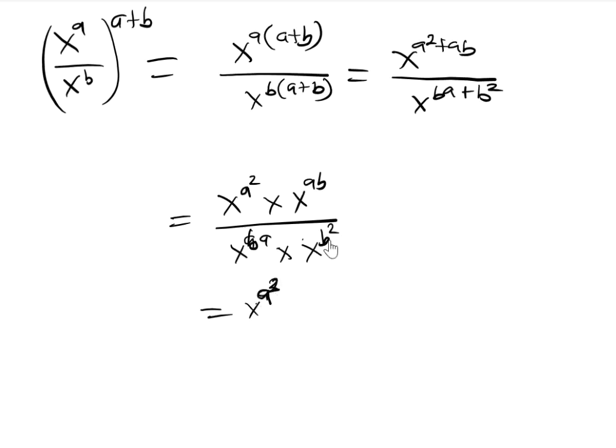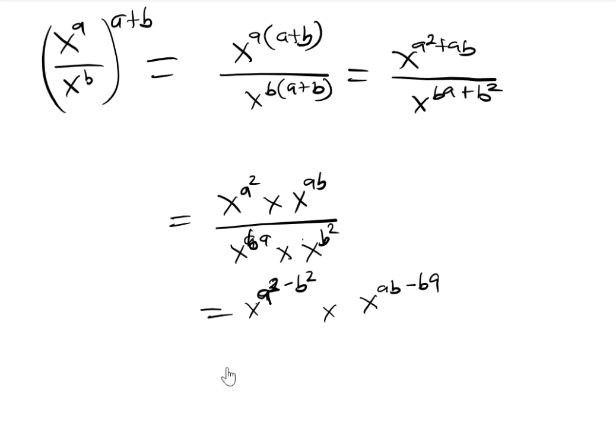When this b squared crosses the sign of division, it will change to minus b squared, multiplied by x raised to power ab minus ba.